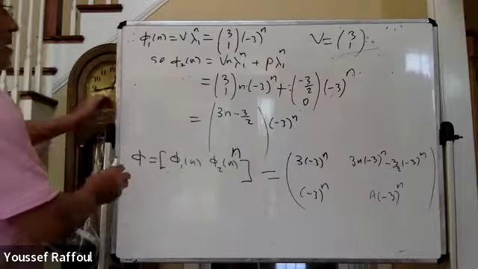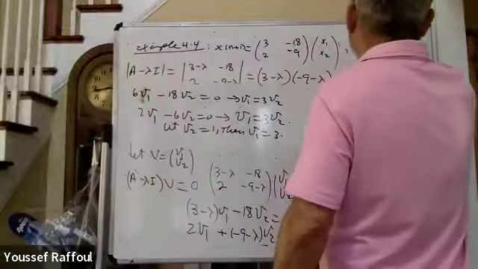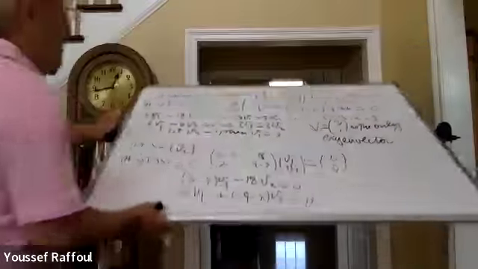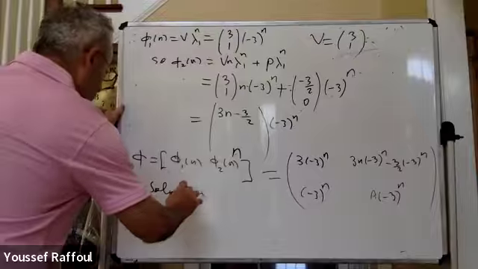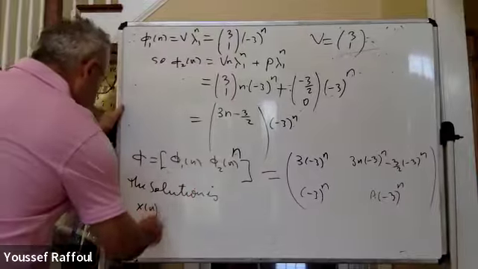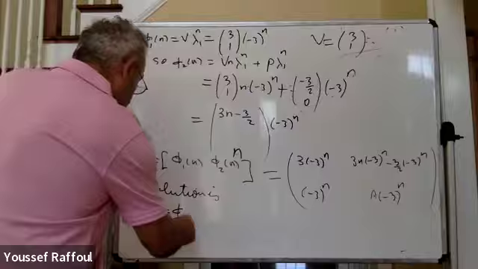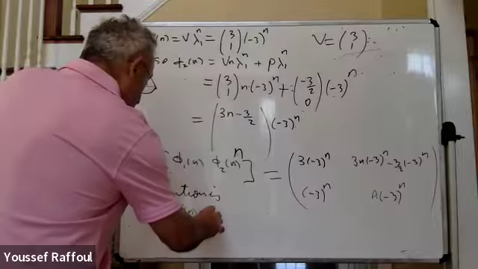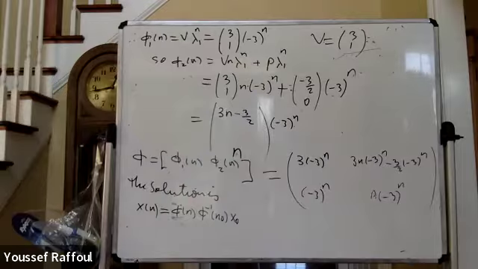Now, if we are given x of n naught equal to x naught, then the solution is x of n equal to phi of n, phi inverse of n naught, x naught. So you need to take the inverse.